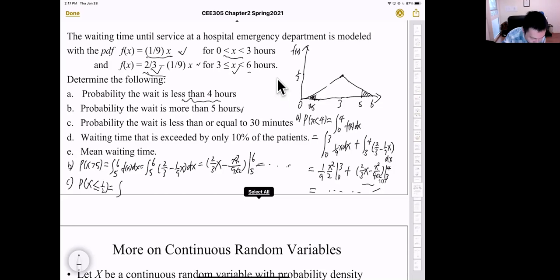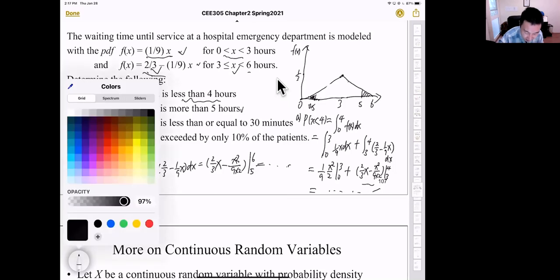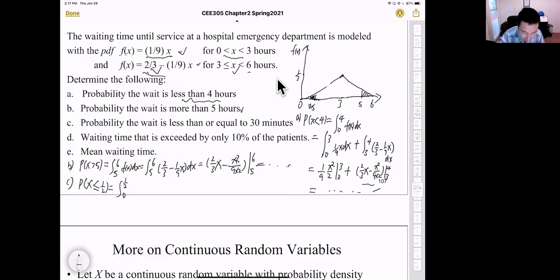So for that part, we do integration between 0 to 0.5 because less than 0 has nothing.